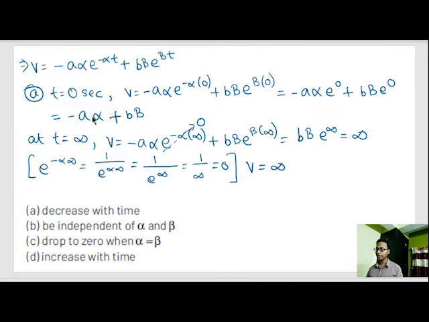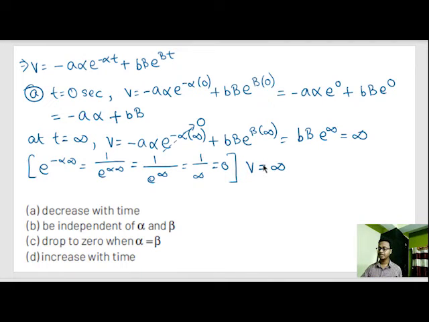So whatever this value a alpha plus b beta might be, it has some value. It may be 10, 20, 30, 1000, 2000, whatever. But at t is equals to infinity, our velocity became infinity, which means it's very large, it keeps on increasing.